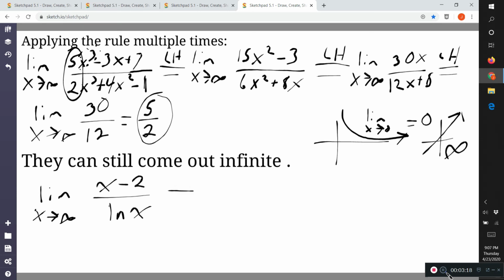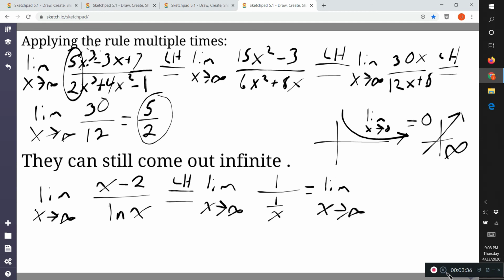So we can go ahead and apply L'Hopital's rule here. Limit as x goes towards infinity of the top would be 1, and the bottom would be 1 over x, the derivative of natural log. So simplifying that, we get the limit as x goes to infinity of 1 times x over 1, which is just x. So the limit as x goes to infinity of x is just infinity.